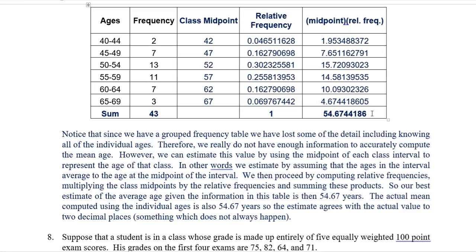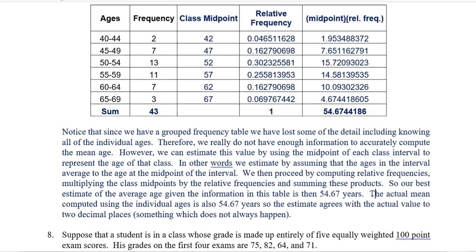So our estimate of the mean, let's say to 2 decimal places, was 54.67, and the actual mean computed to 2 decimal places is actually 54.67. We were pretty dead on for 2 decimal places, but that doesn't always happen. Usually you can get pretty close with this method, but it's not always that close.